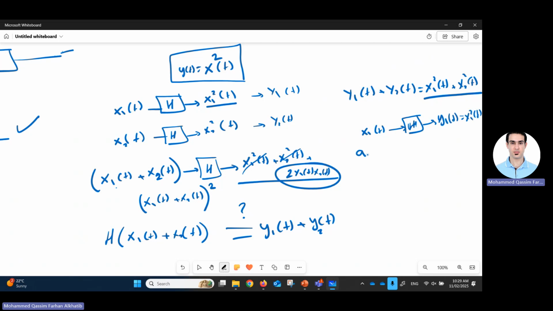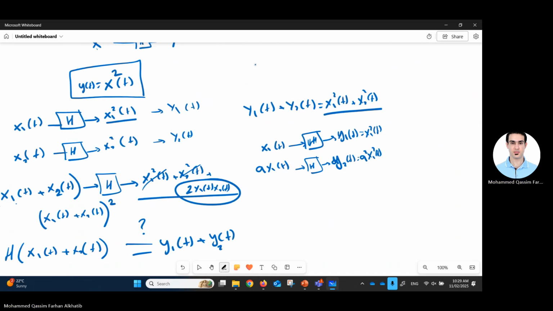Now if you apply a x1 of t to the transformation, you will get y2 of t equals a squared x1 squared of t. Now homogeneity says if you have x1 transformation will lead to y1, if I apply ax1 transformation, I should get ay1.